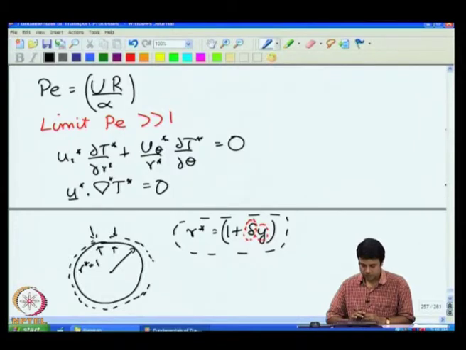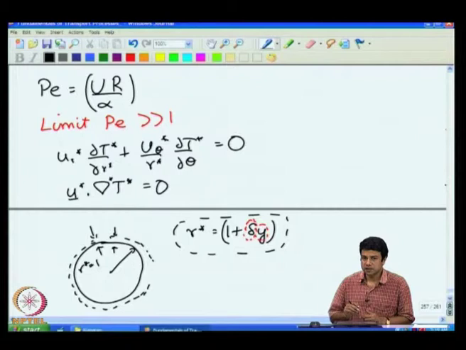Okay. Physically, in the limit of high Peclet number, there is heat being convected downstream, there is diffusion from the surface. As the convection velocity increases, the downstream transport gets larger and larger, and therefore, the heat that is diffusing from the surface gets restricted to a smaller and smaller distance from the surface, the boundary layer thickness.